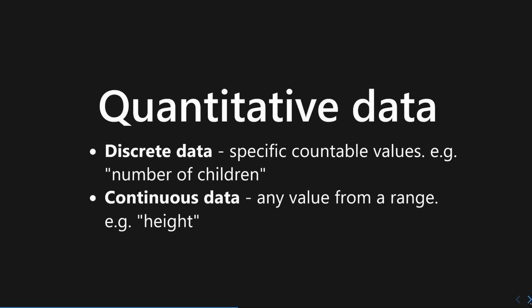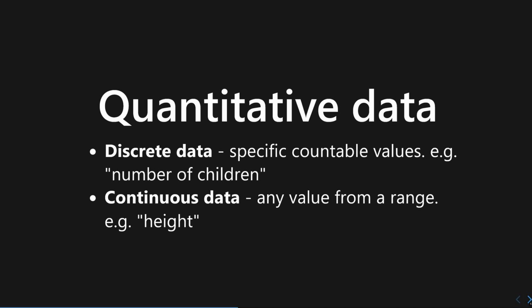For example, it wouldn't make sense for you to have 0.57 children. It wouldn't make sense for you to have 0.01 children. Your children can only be 0, 1, 2, 3, etc. Those are the only possible values for your number of children. So if your data appears like that, then your data would be discrete.